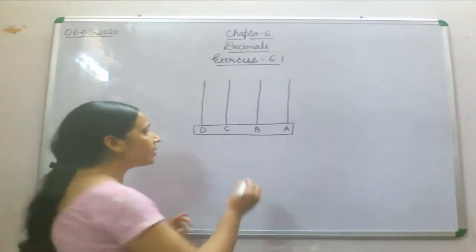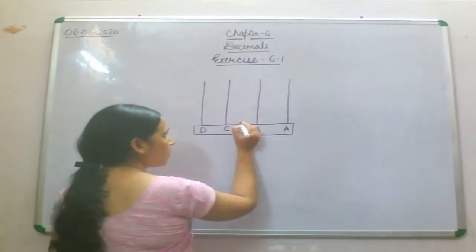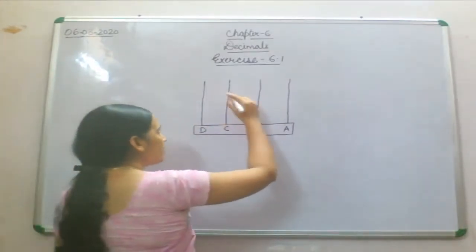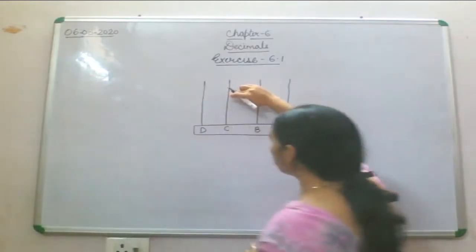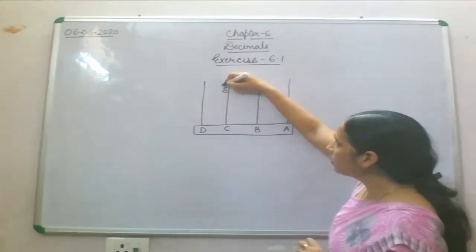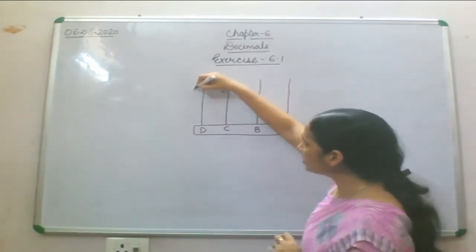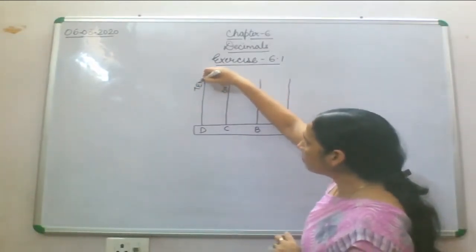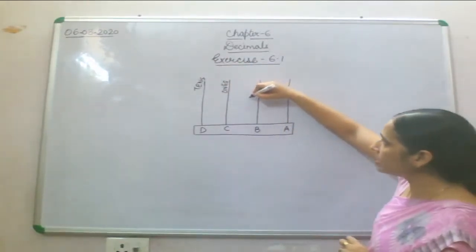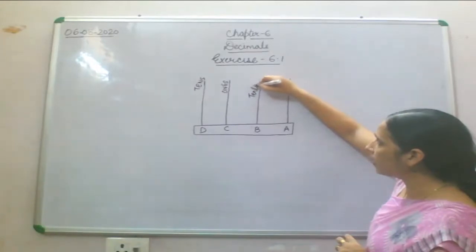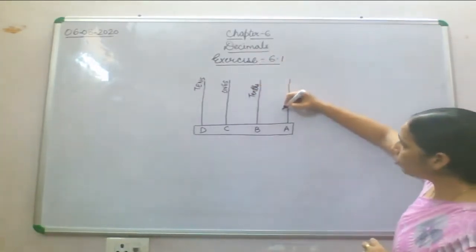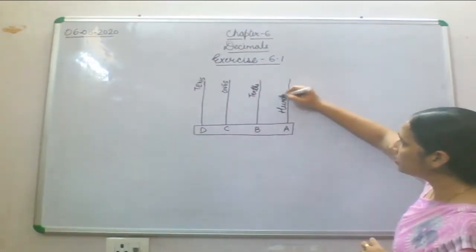If I put a decimal point over there, assuming this will be your decimal place, then spike C will become ones and this will become tens. Accordingly, B will become your tenths place, which is your first place after the decimal, and this will be your hundredths place after the decimal.